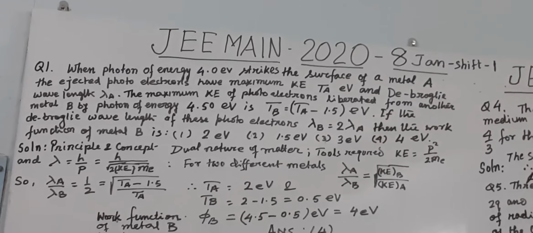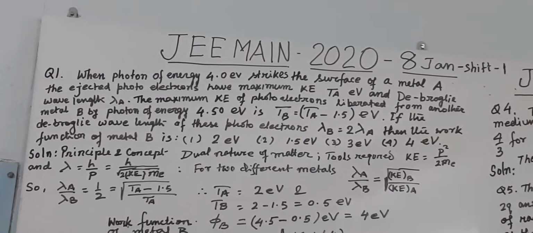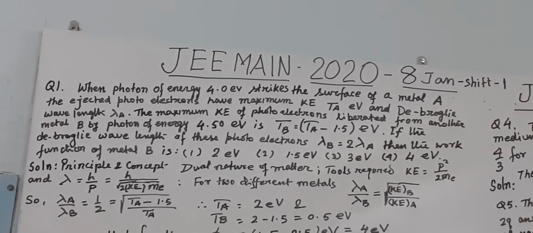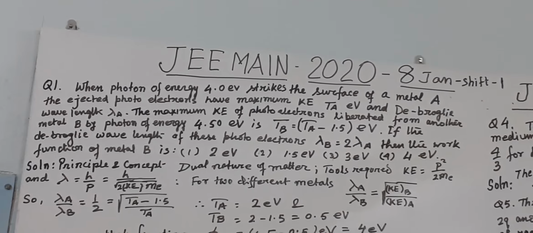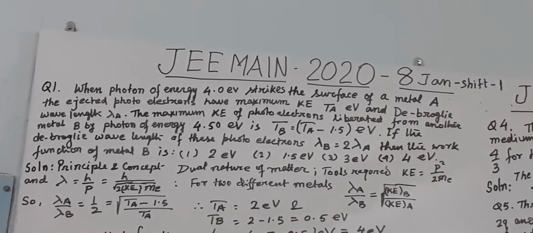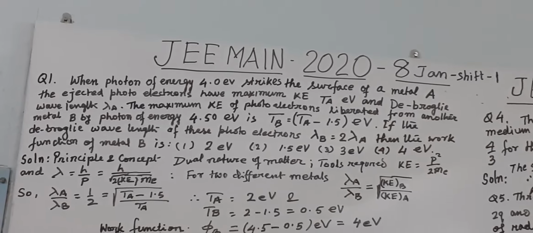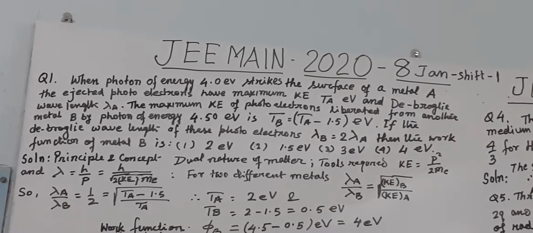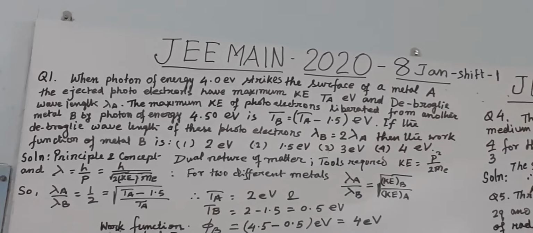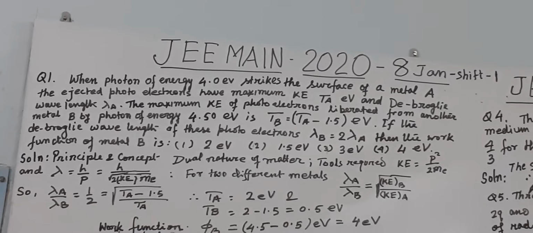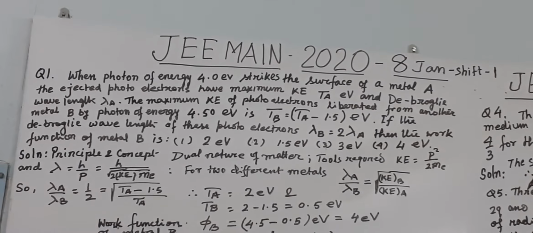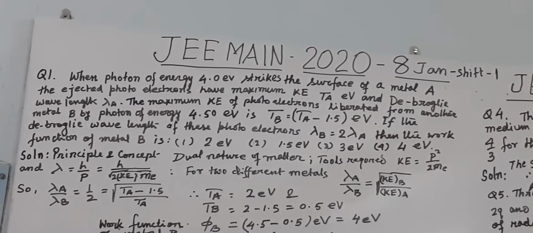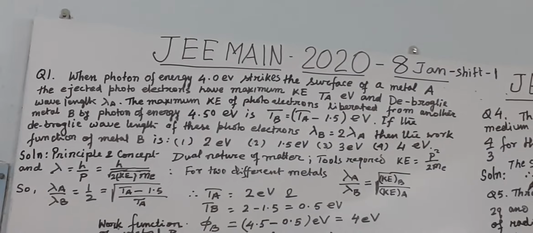Question number 1. When a photon of energy 4 electron volt strikes the surface of a metal A, the ejected photoelectrons have maximum kinetic energy T suffix A electron volt and de Broglie wavelength lambda suffix A. The maximum kinetic energy of photoelectrons liberated from another metal B by a photon of energy 4.5 electron volt is given by the relation T suffix B equal to T suffix A minus 1.5 electron volt.